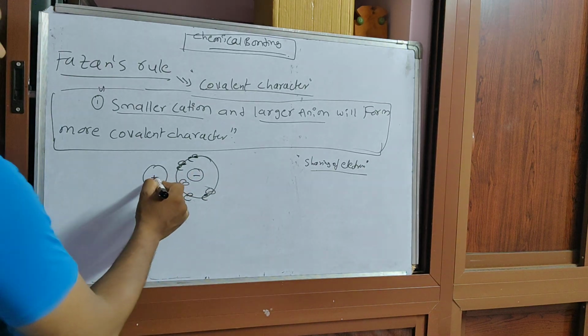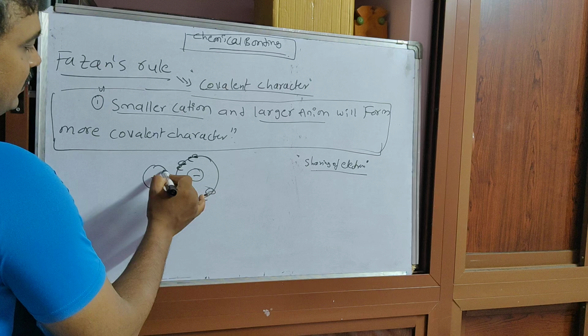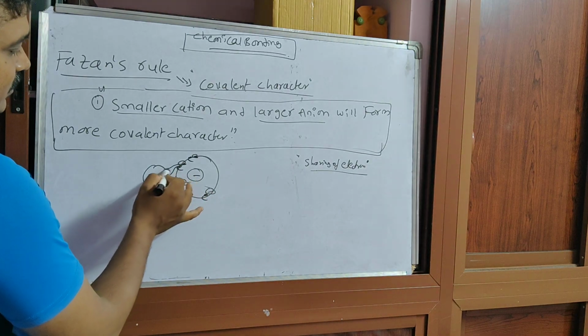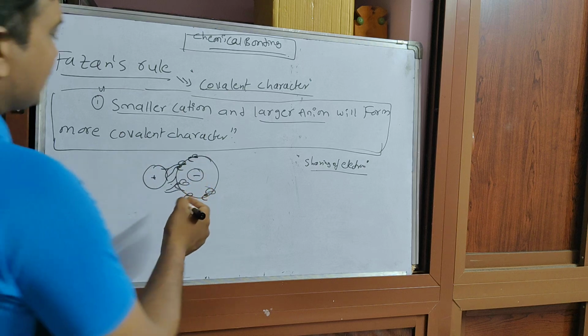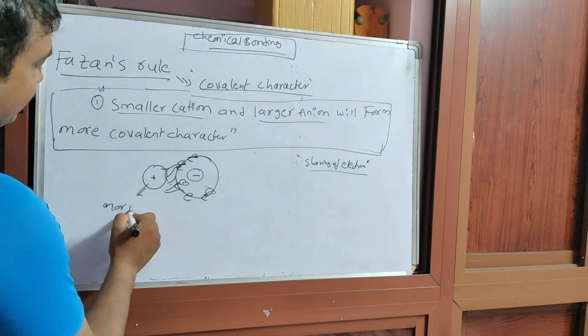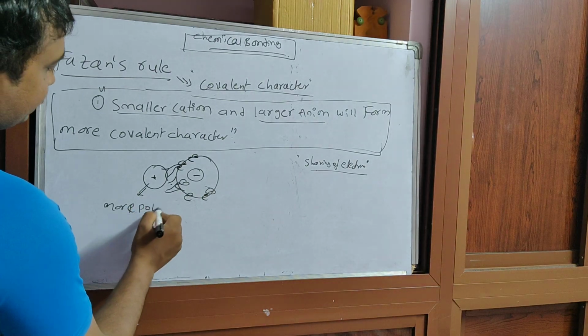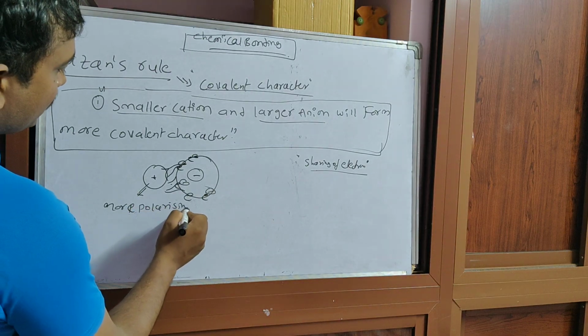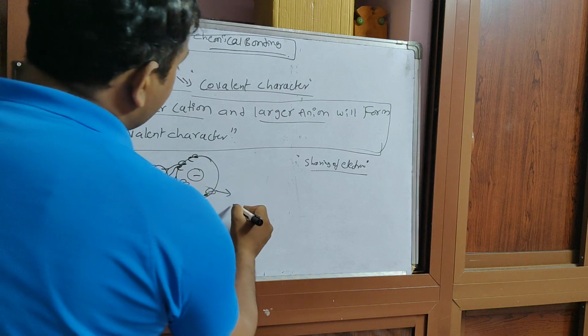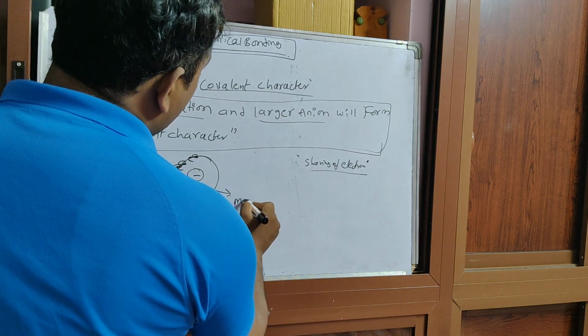The smaller cation will polarize this bigger anion more. That's why it has more polarizing power, and the anion has more polarization.